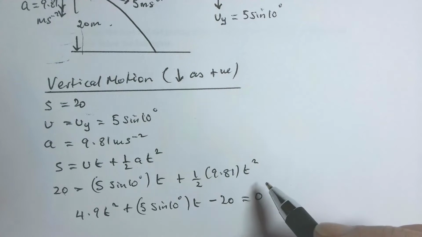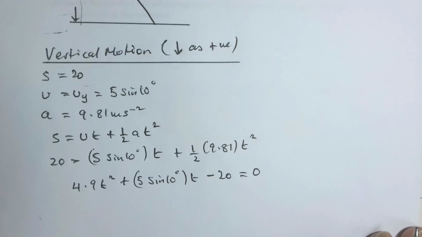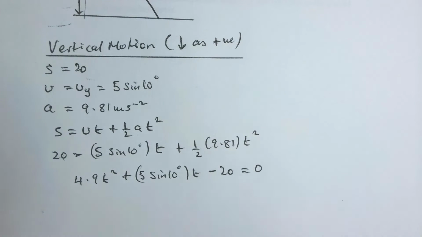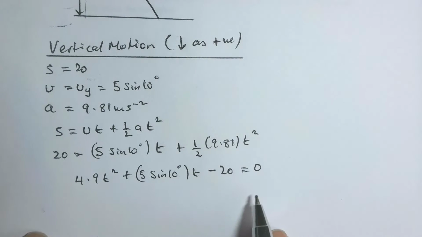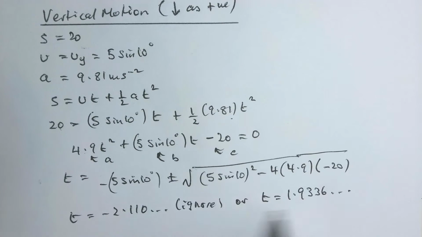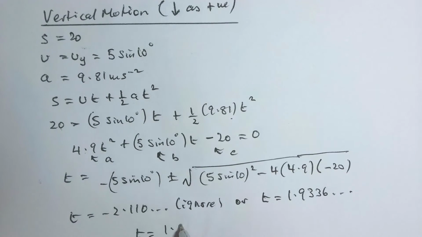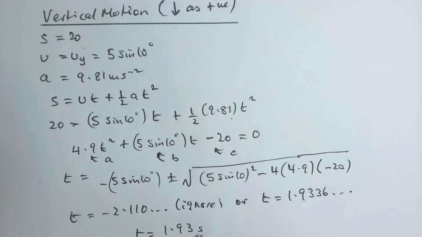You're not going to be able to factorise this, so we plug these numbers into the quadratic formula. To 3 significant figures, the time it takes for the package to reach the ground is 1.93 seconds. If you've got that, well done.